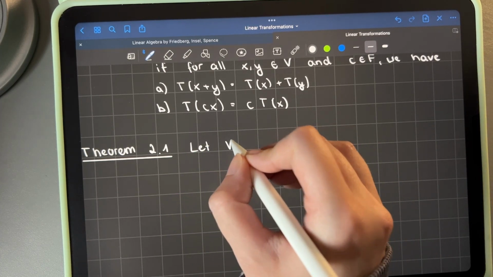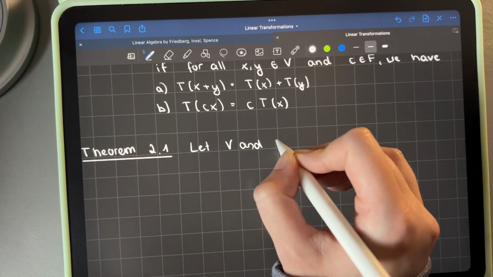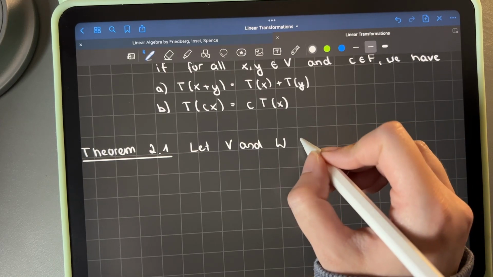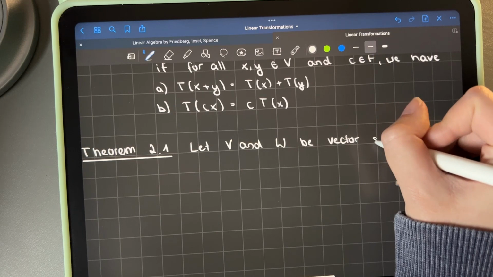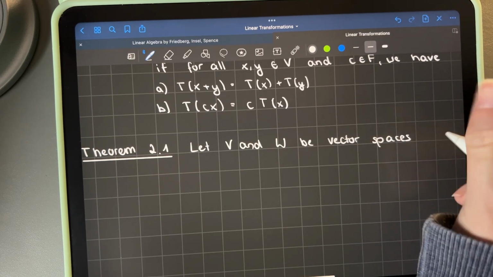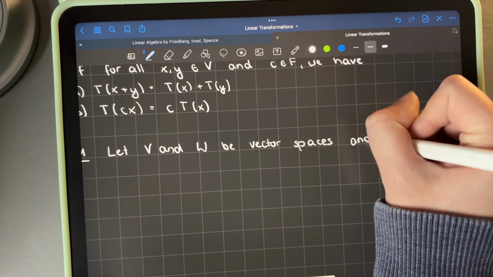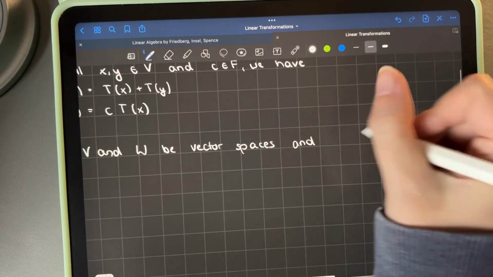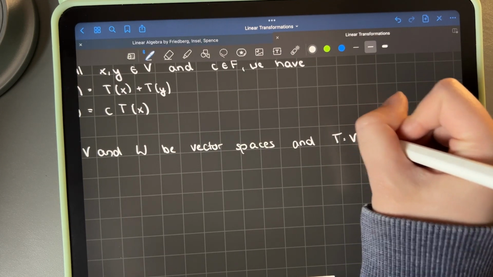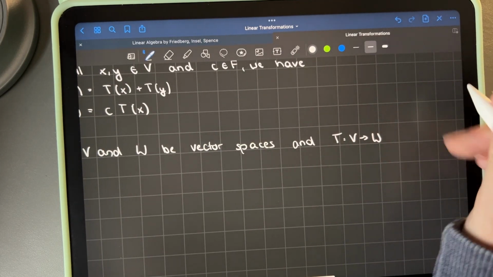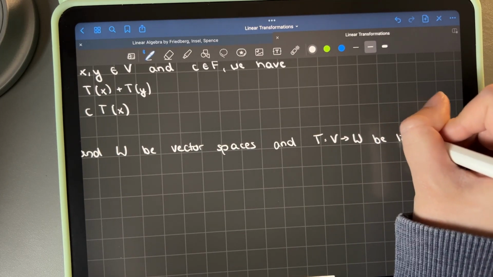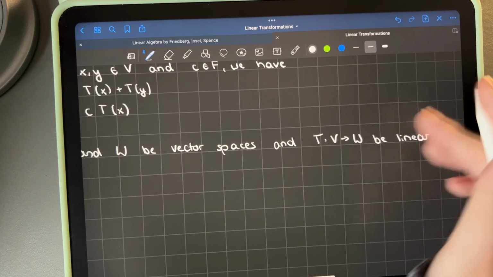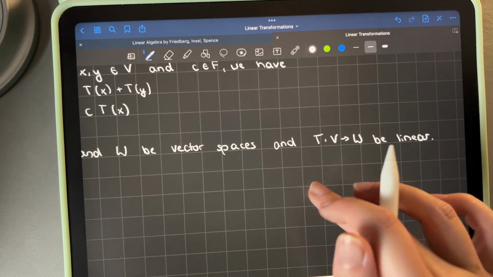Again, let V and W be vector spaces, and T from V to W be linear, so we can use our new definition.